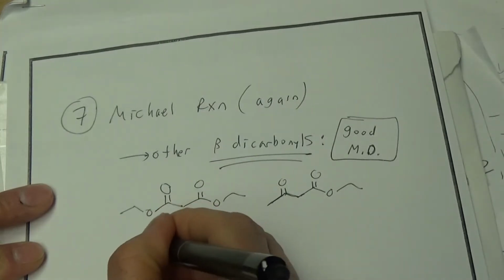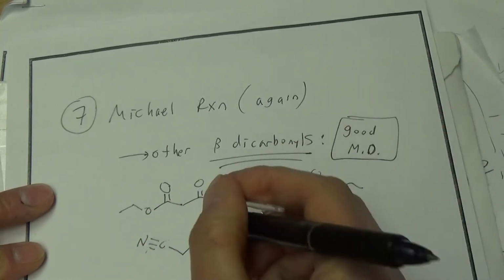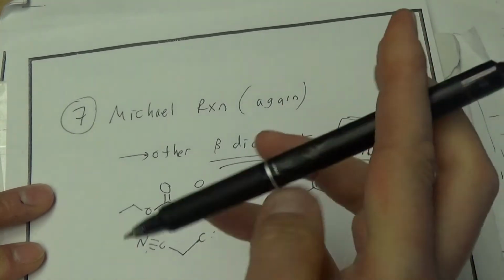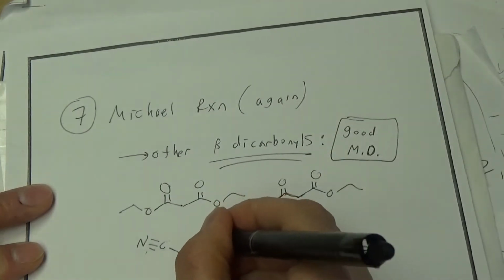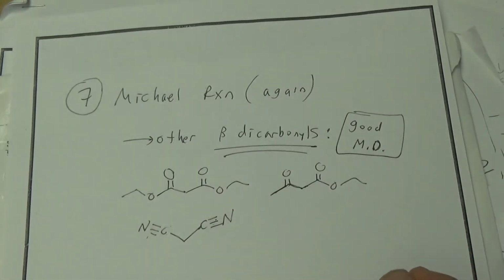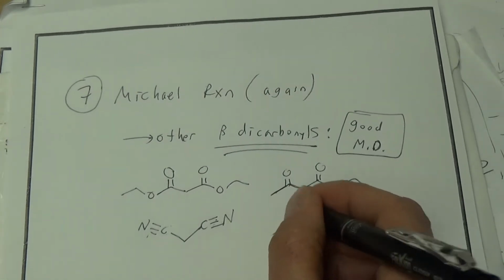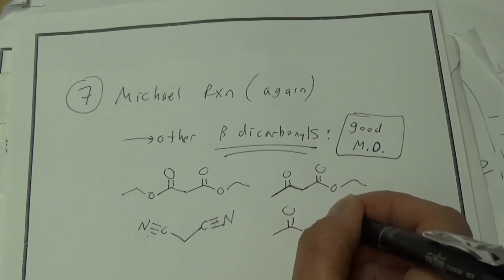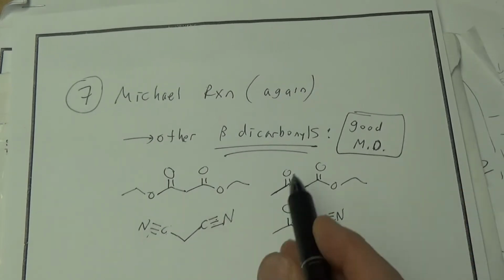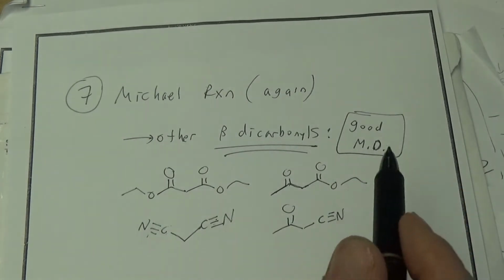We shouldn't make our nitriles bent. Keep them nice and linear. It's a pet peeve. No bent nitriles. Okay, and maybe a ketone next to a nitrile. All of these would work as a Michael donor. Okay, cool.